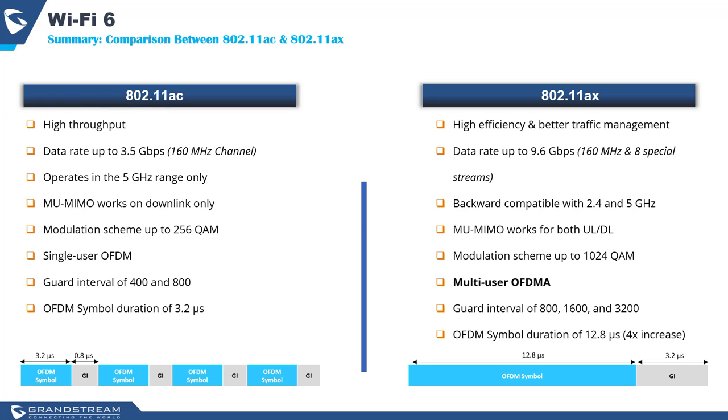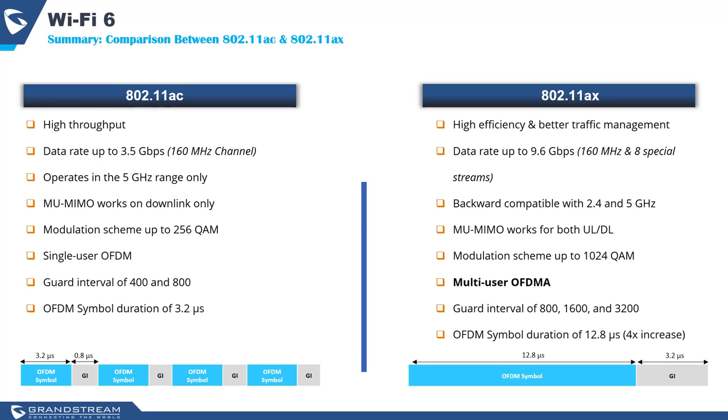Wi-Fi 5 uses a guard interval of up to 800 and an OFDM symbol duration of 3.2 microseconds. Whereas Wi-Fi 6's main focus is to increase efficiency, how to use the wireless medium more efficiently.